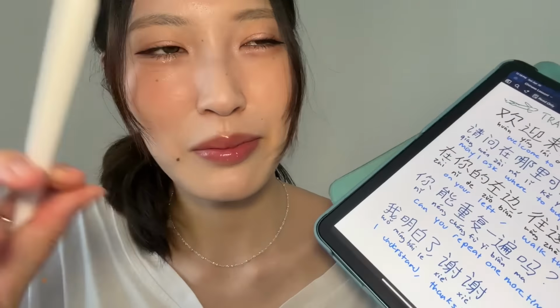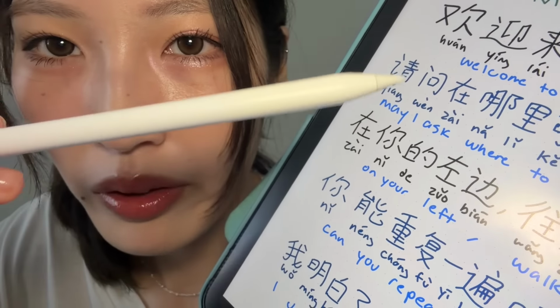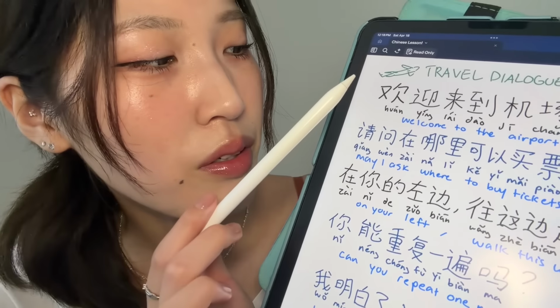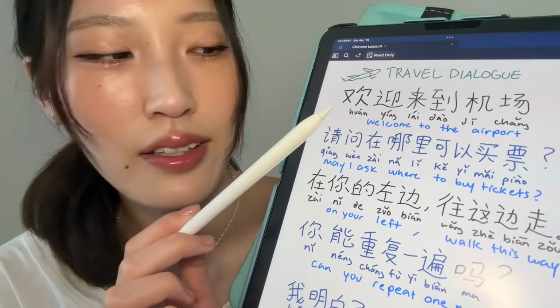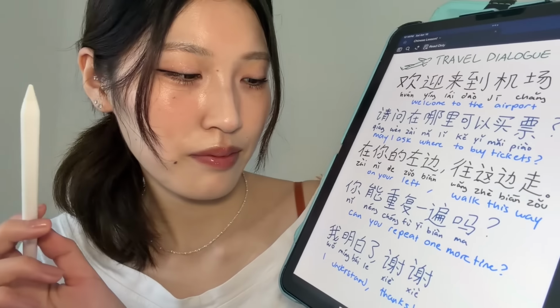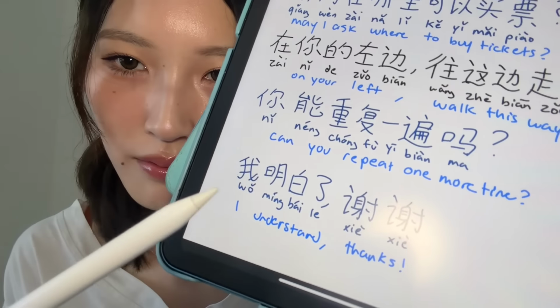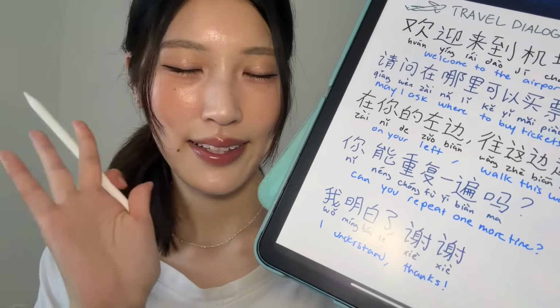So I'll be the black dialogue, and you can speak the blue portion. So, 欢迎来到机场。在你的左边，往这边走。Nice.